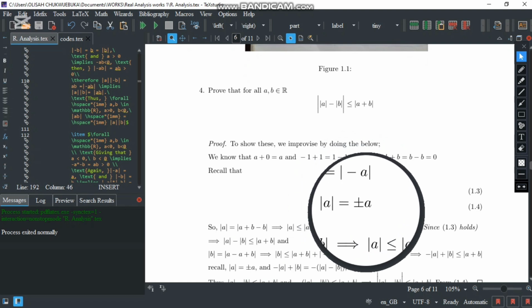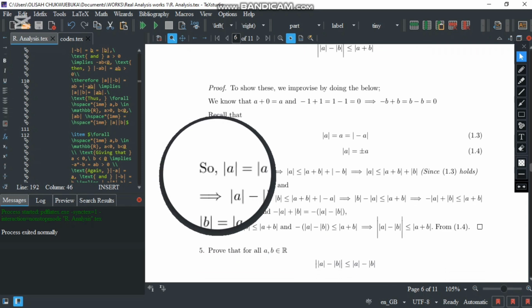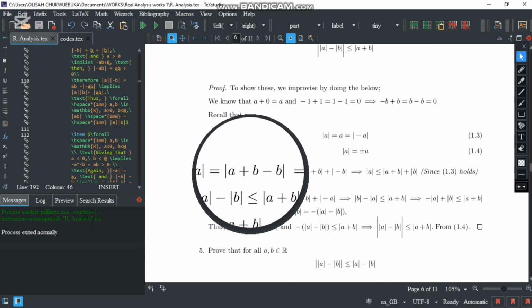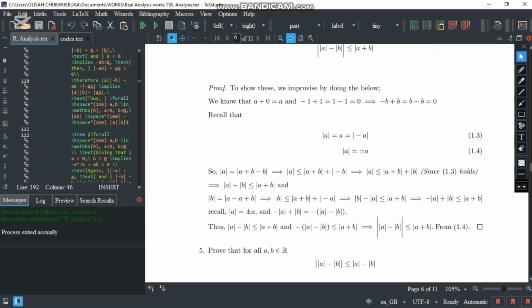So now here I said the absolute value of a is equal to the absolute value of a plus 0, and that's my 0. But what I actually used as my 0 is b minus b, and that b minus b here is going to give me 0.